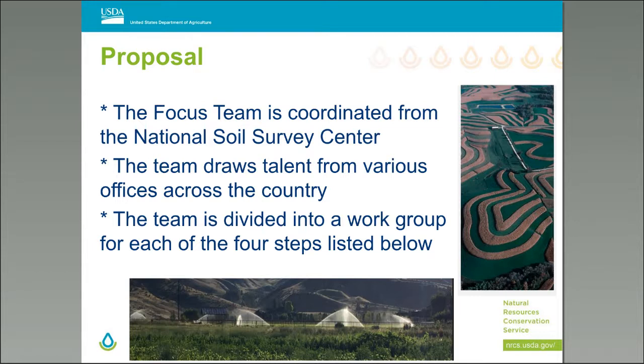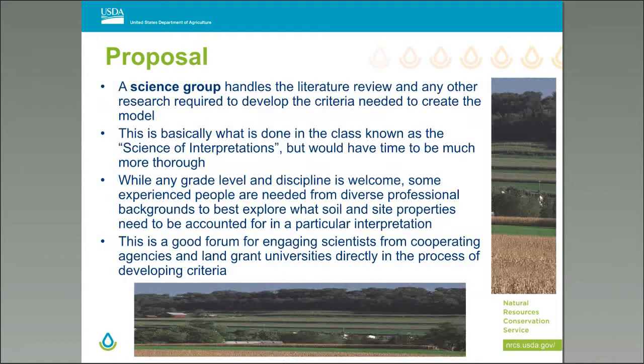So I envision 4 distinct functions or work groups. We have a science group. It kind of starts with the science. We accumulate the science, reviewing the literature, deciding on thresholds. It's basically what we do in the class called the Science of Interpretations, and I think many of you have been through that class.